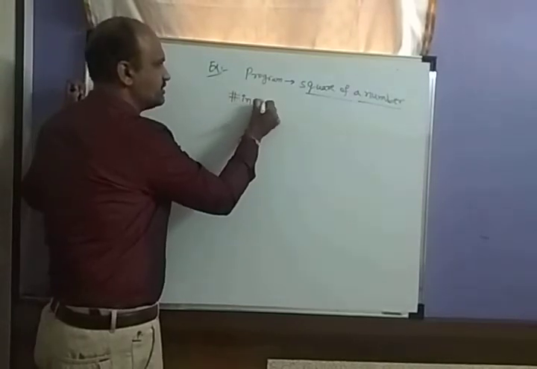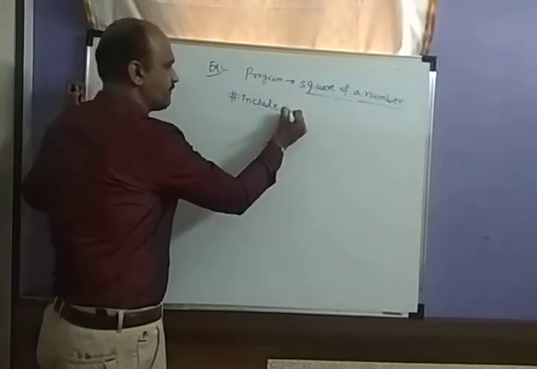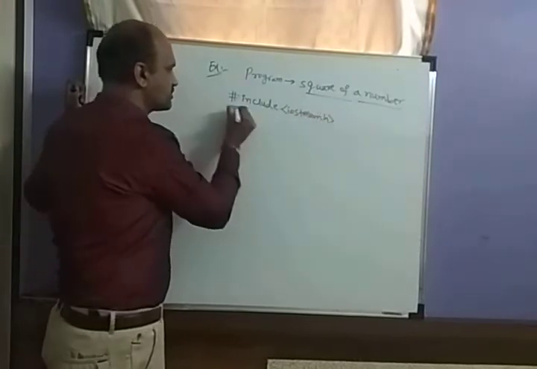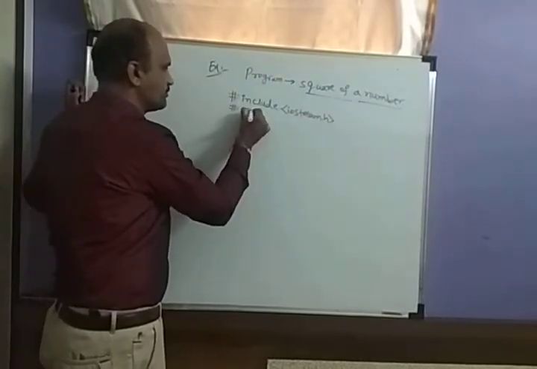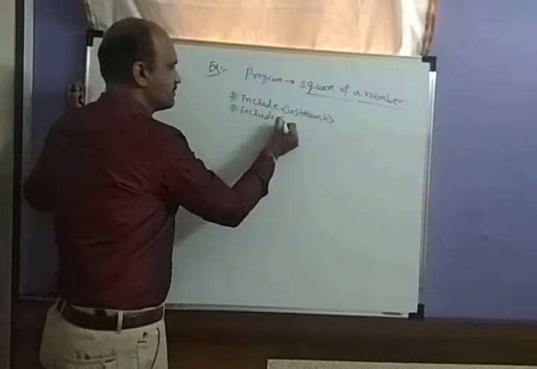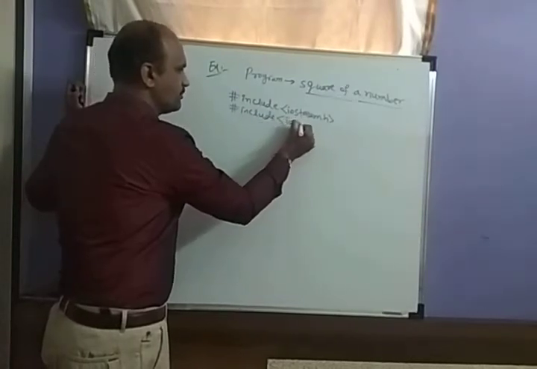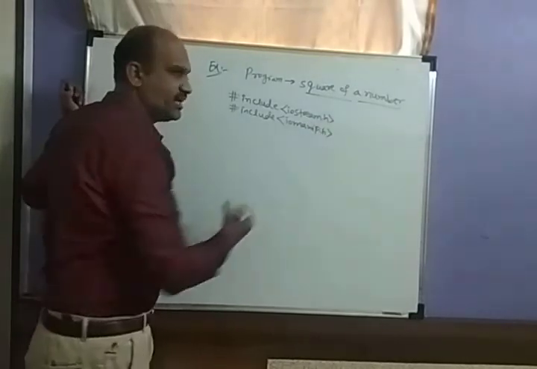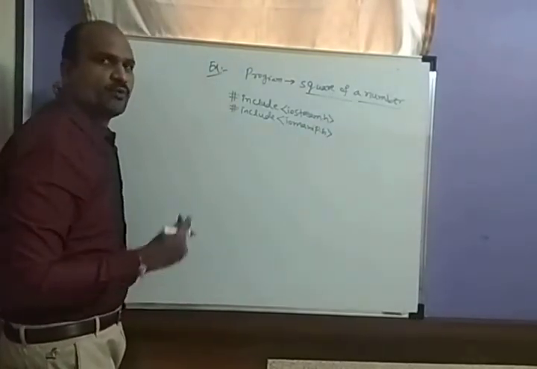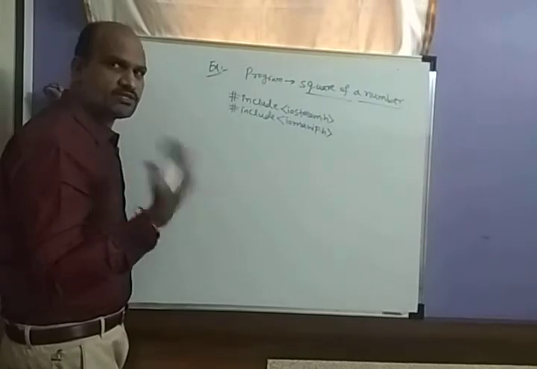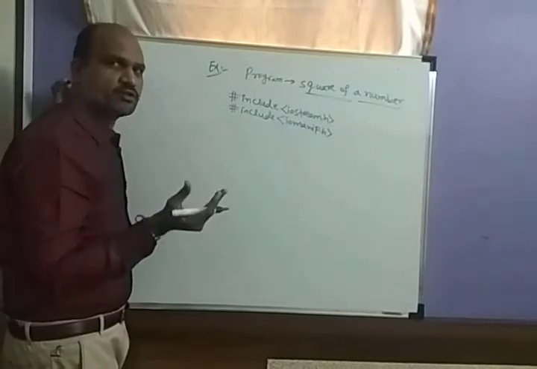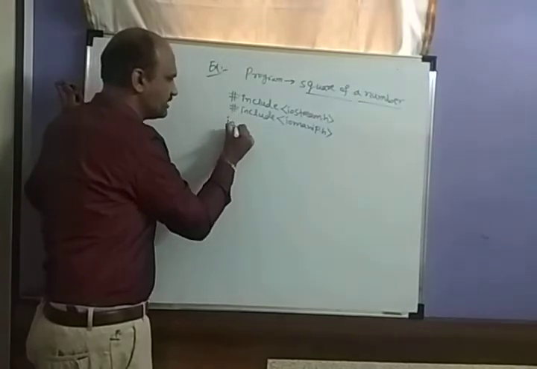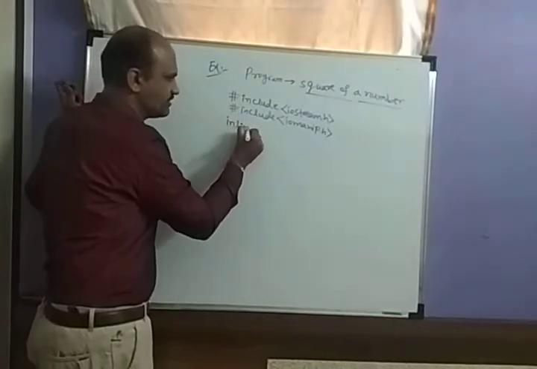We start with the header file, iostream.h, and then iomanip. As I told you, when you write the inline function, it should come first, before all the function calls. So always start with inline, that is a keyword.